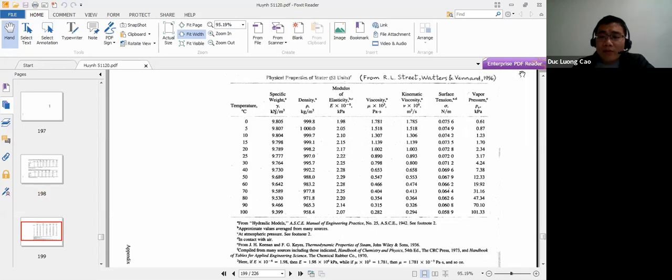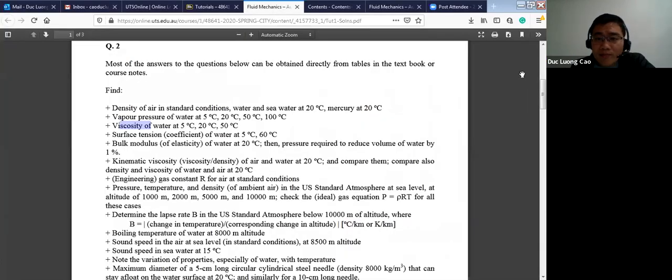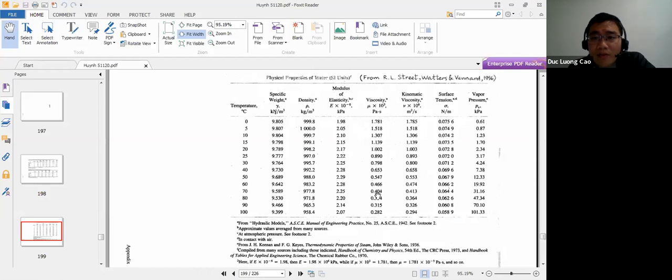So for example, you want to find the viscosity of water at 5 Celsius. Viscosity of water at 5 Celsius will be equal to 1.518 times 10 to the minus 3, because viscosity times 10 to the power 3 equals this one. So viscosity will be equal to this one times 10 to the minus 3.